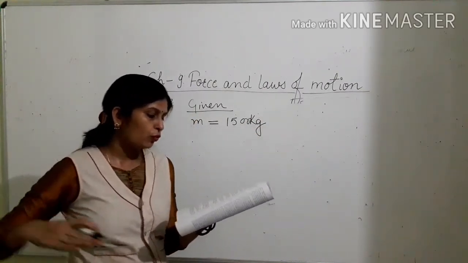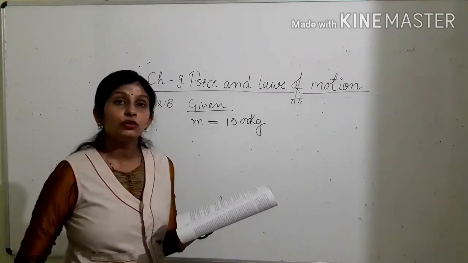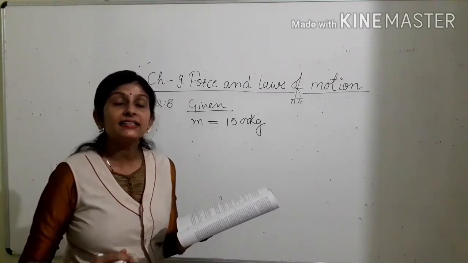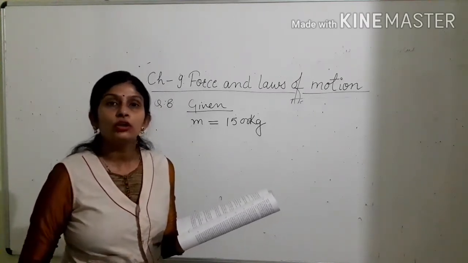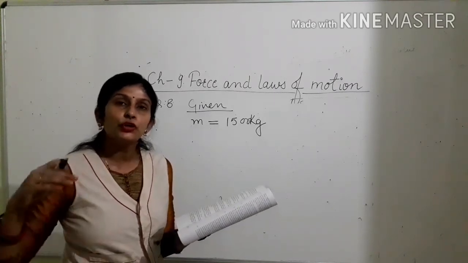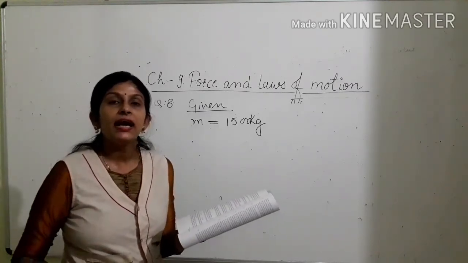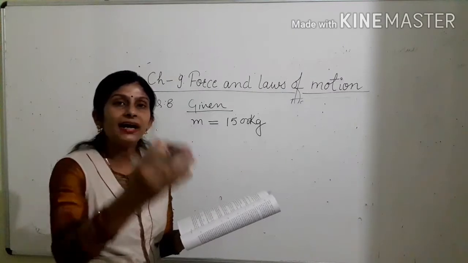Now it is moving on the road, so that road applies a frictional force on the vehicle which reduces the motion of the vehicle and makes it come to rest.